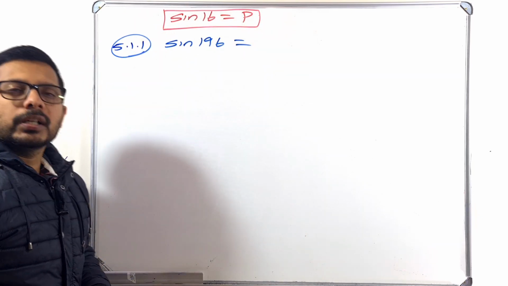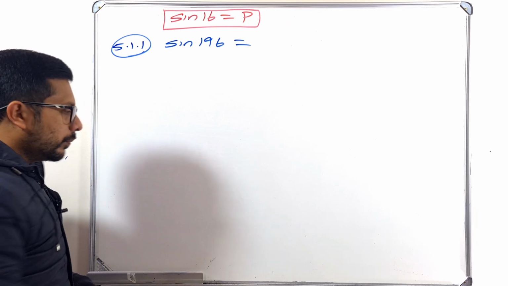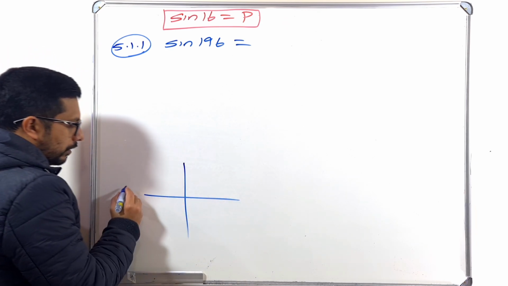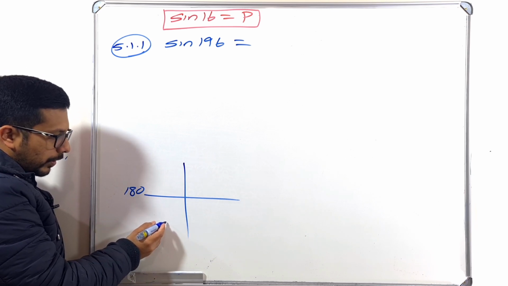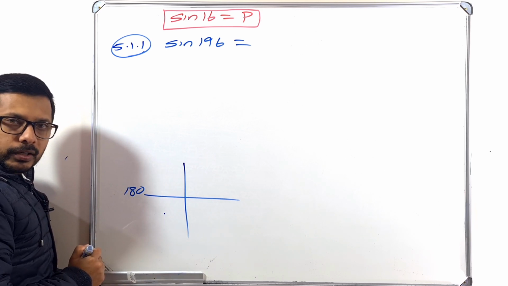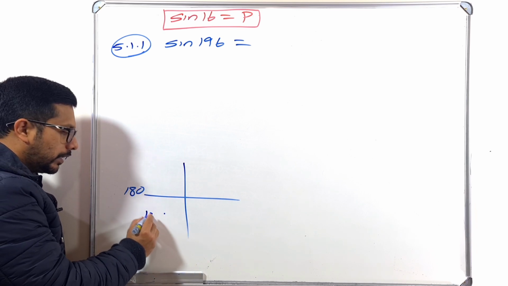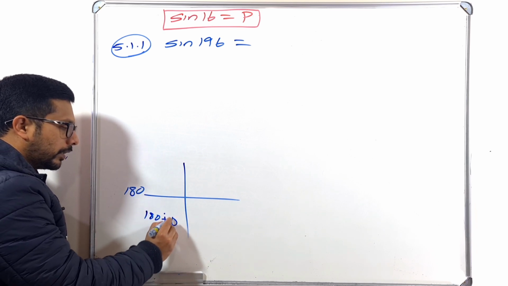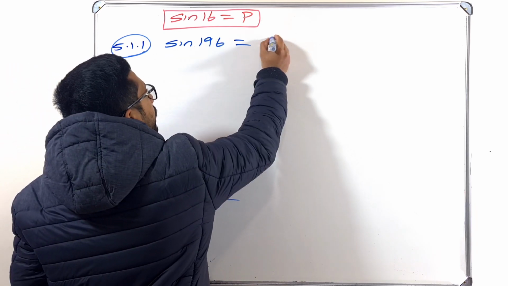So sine 196. 196 means, this one is 180, so 196 is in the third quadrant. Okay, third quadrant, how can you write? 180 plus theta, am I right? Third quadrant, 180 plus theta. So here how can I write it?